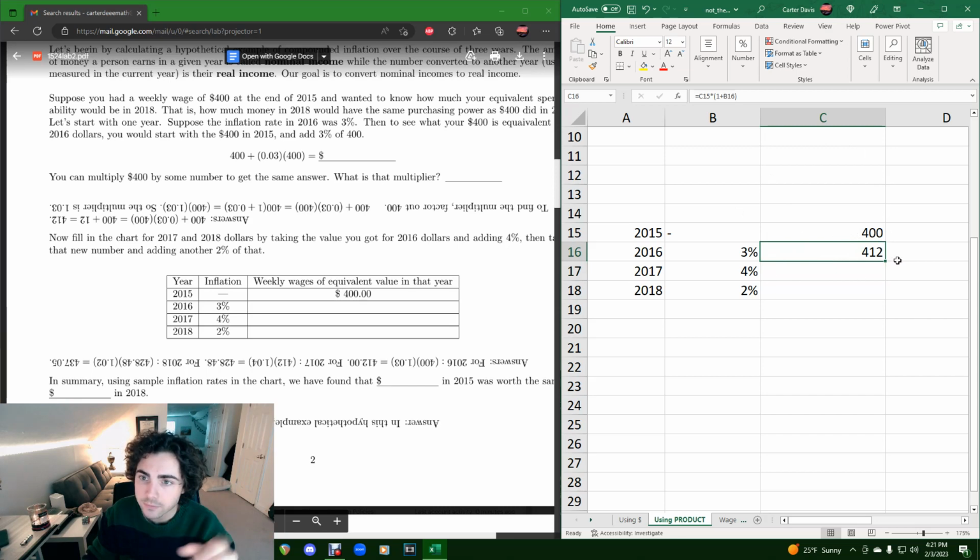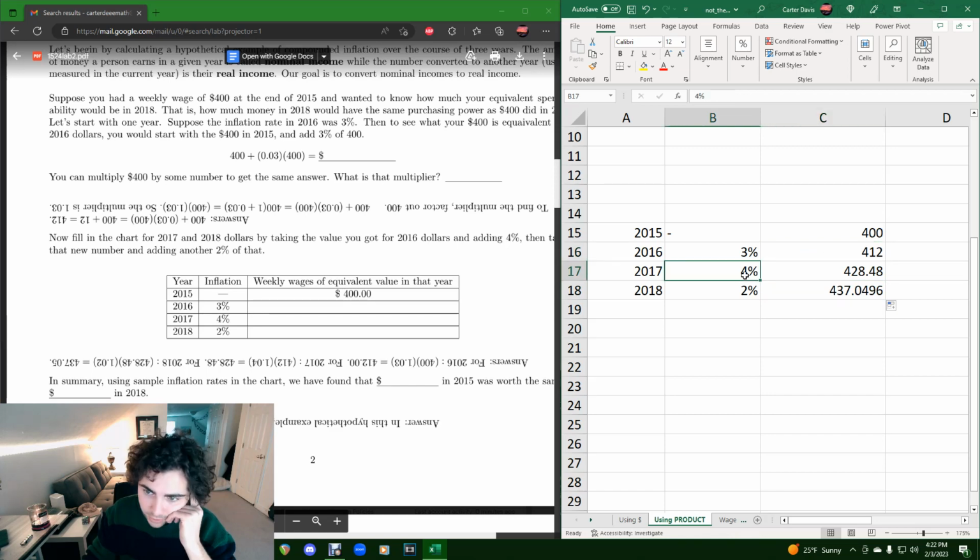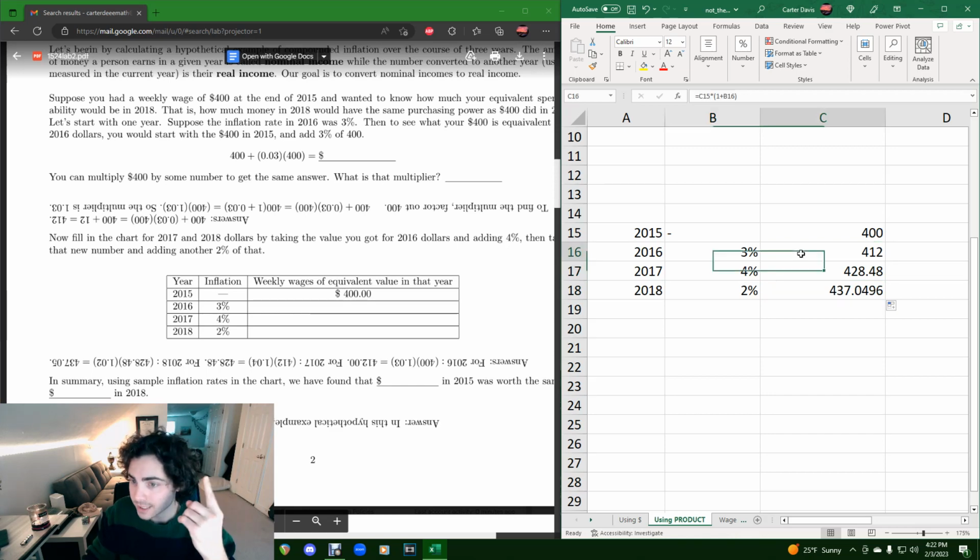The reason I used formulas and clicked on different cells is that now we should be able to click and drag this corner down so that it references this cell and multiplies it by 4%, then adds it to its cell 412. So in this cell, 428 is 412 plus 412 times 4%. And then in this cell, it's taken the previous value, 428, and added it to 2% of 428 to get 437.